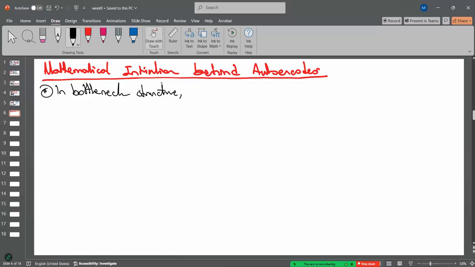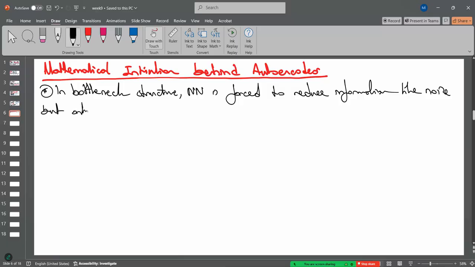Okay, and then it is forced to reduce information like noise, because this is unwanted, but only approximating the original data.